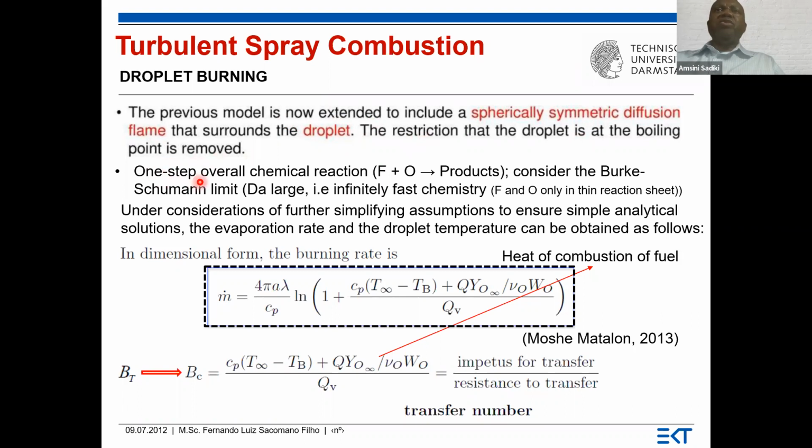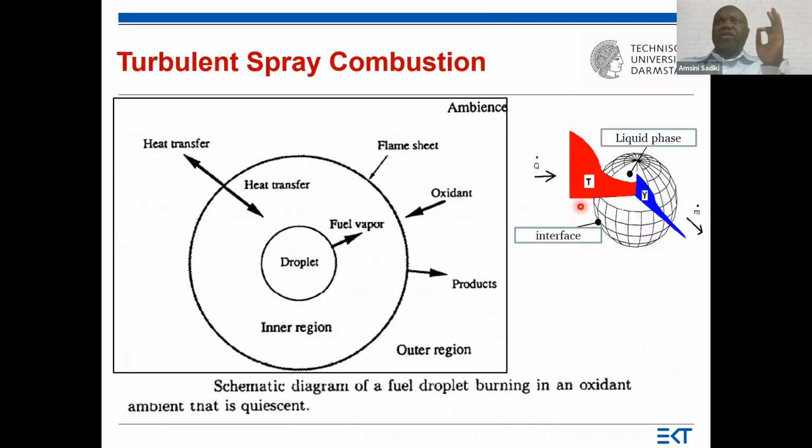We consider the one-step overall chemical reaction. So fuel plus oxidant gives the product, and we consider the Burke-Schumann limit. This means that we consider a large Damkohler number, and this means that we deal with infinitely fast chemistry, and this means that we have only the reaction in a thin reaction sheet, as we showed here.